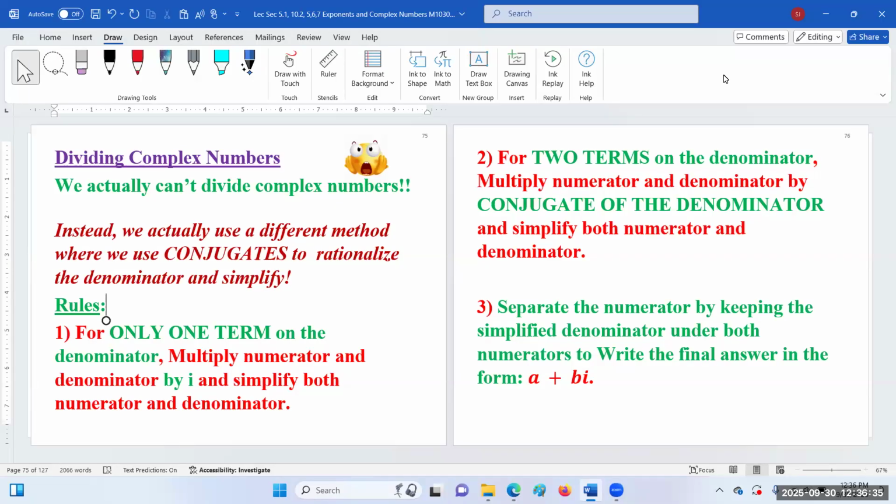We multiply numerator and denominator by i, and we simplify. And if you have two numbers, we use the conjugate. Not two numbers, two terms. If you have two terms, then we use the conjugate. It doesn't matter which method you use. At the end, we want the final answer to be written in a plus bi format, where a is the real number and bi is the imaginary number.